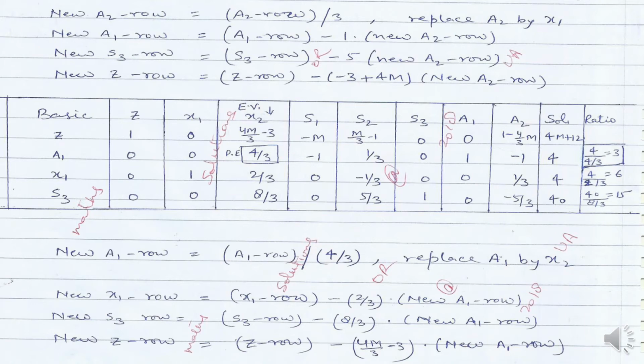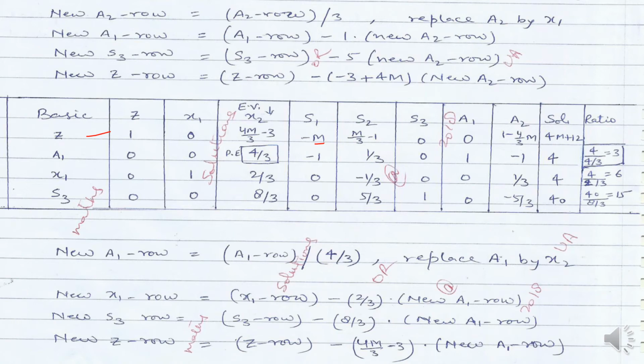Now the new z row is z row minus 3 plus 4m, which is the element in the pivot column corresponding to z, into new a2 row. Now what happens is, let's see the two elements which were minus m and minus m in the previous table corresponding to s1, s2 in the z row.